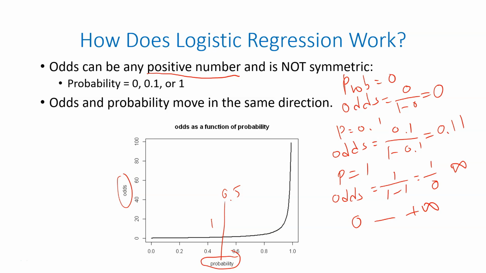One thing you will notice is that both odds and the probability tend to move in the same direction. The greater the probability, the greater the odds, and vice versa. But neither probability nor odds will be less than 0. Okay, as you can see here, if we convert probability values into odds, we are stretching the value from a range that's between 0 and 1 to a range that's between 0 and a positive infinity.